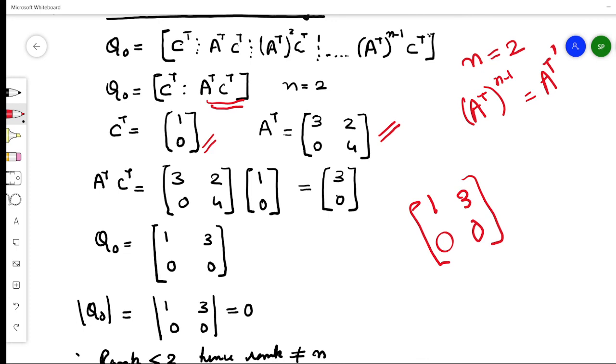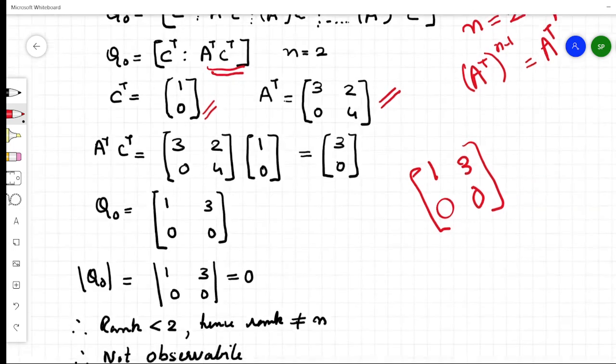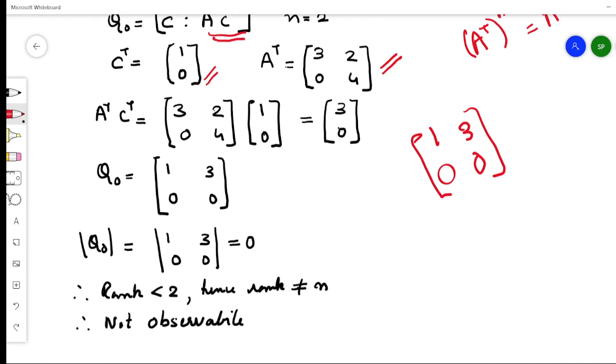Now to check the observability, in a similar way to checking the controllability, we need to check the rank of the matrix Q0. If the rank is equal to n, then we can say that the system is observable. Otherwise, if the rank is not equal to n, then the system is not observable. Now for 1, 3, 0, 0, we take the determinant to find whether the rank is equal to 2. 1 into 0 minus 3 into 0 gives the answer 0.